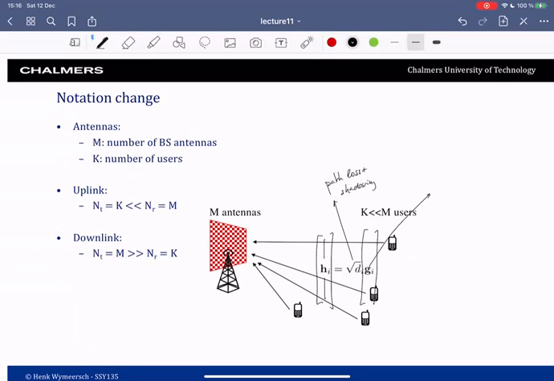And then the remaining part is the small scale fading. And then, of course, each of the users will have its own channel, but this is the channel H for user I. And this is the uplink channel.